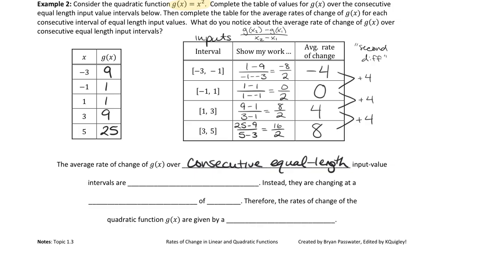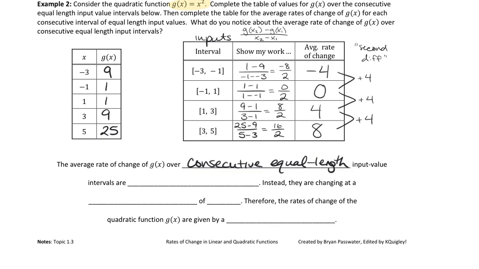Consecutive means one after another. Equal length meaning they're equal intervals, and I'm talking about this from -3 to -1 plus 2 plus 2 plus 2 plus 2. Those are consecutive equal length, so in a row, equal length input value intervals. Okay, but let's talk about the average rate of change.